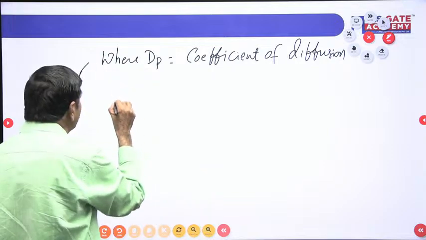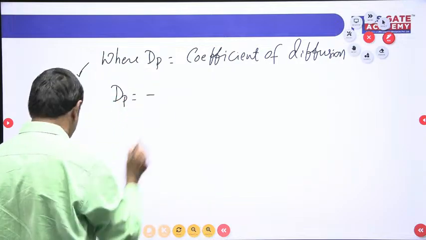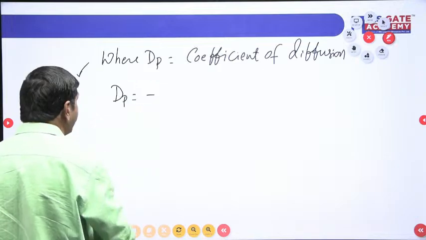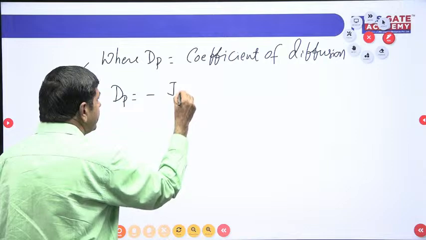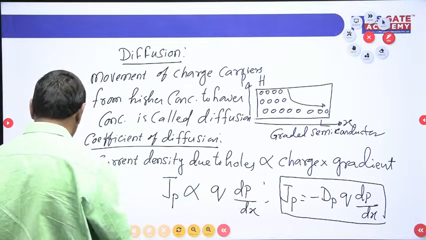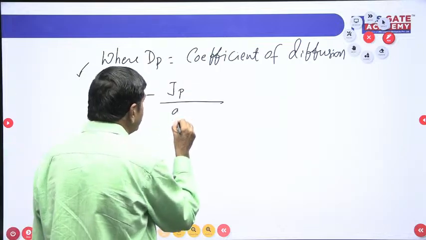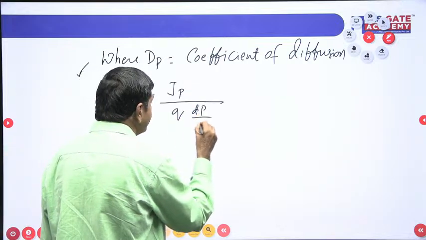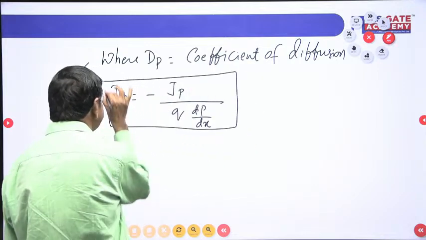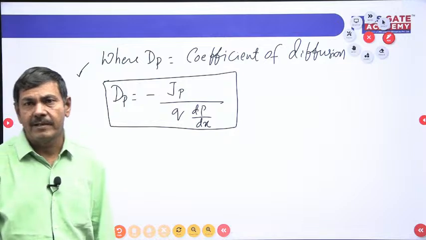The Dp I want to get here: minus of Dp means Jp by what you can write now? Q into dP by dx. Yes, this formula you can use to find out the coefficient of diffusion. That formula is required.